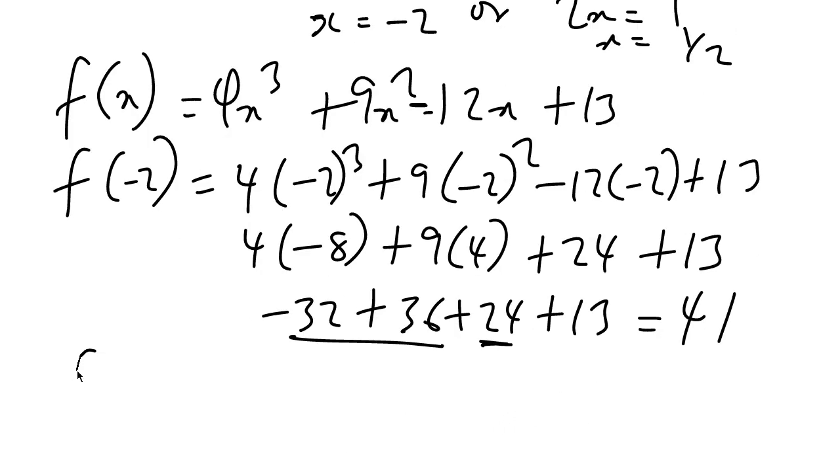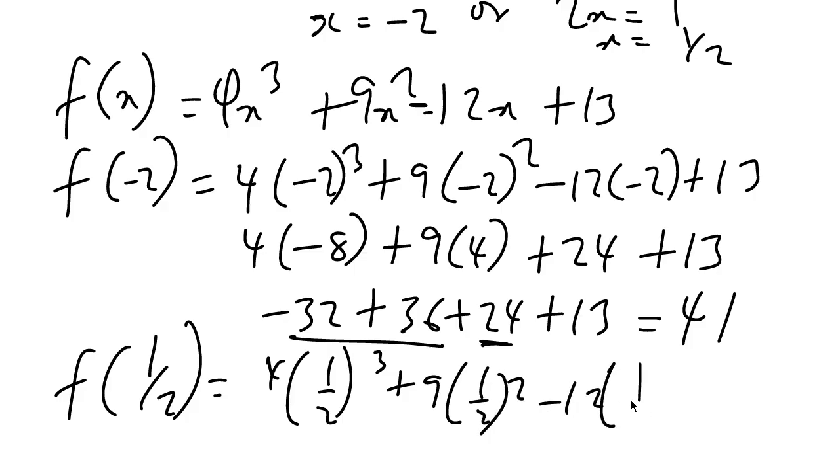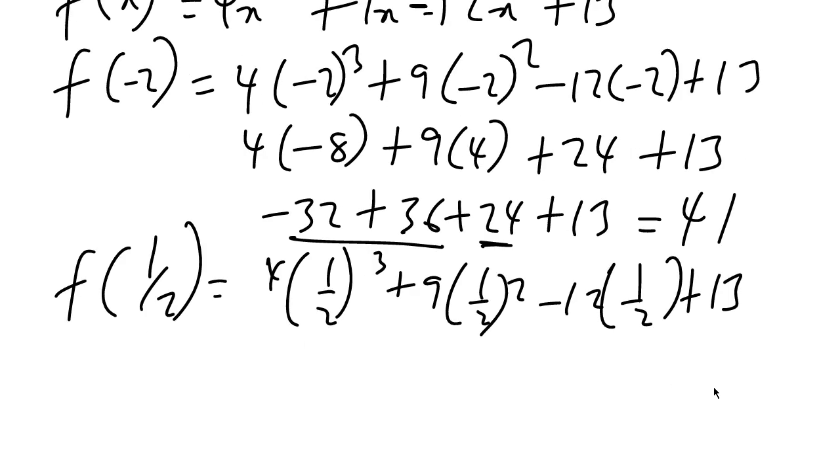Then at the second critical point, which is half, you have 4 into half cubed plus 9 into half squared negative 12 into half plus 13. And if you watch my other video, you see that we did something like this, right? And in this case we have half plus 9 over 4. 12 divided by 2 is 6, right?